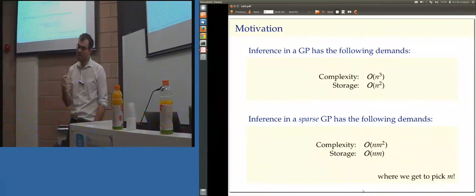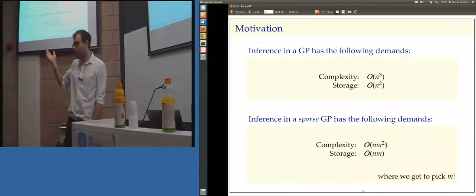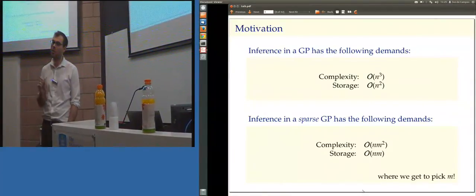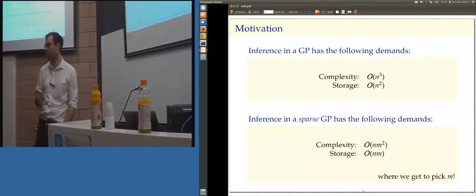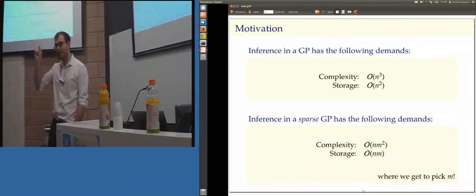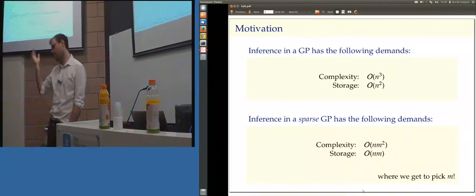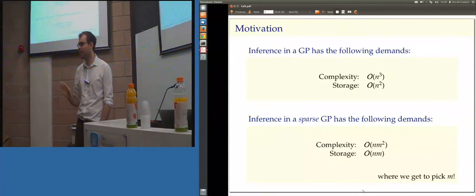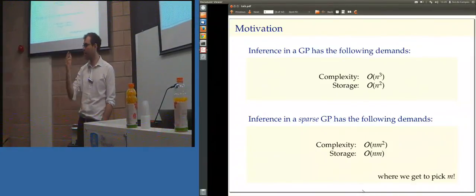But if you try to do this in practice on a modern machine, if you go out and buy the biggest machine that Dell will sell you, you're going to run out of memory way before you run out of CPU and run out of patience. A really big covariance matrix with 100,000 by 100,000 points in it isn't going to fit in the RAM on even a pretty big machine. But things that do fit in the RAM, things that will take 64 gigabytes of RAM, for example, you can invert them in less than a minute on a modern processor.